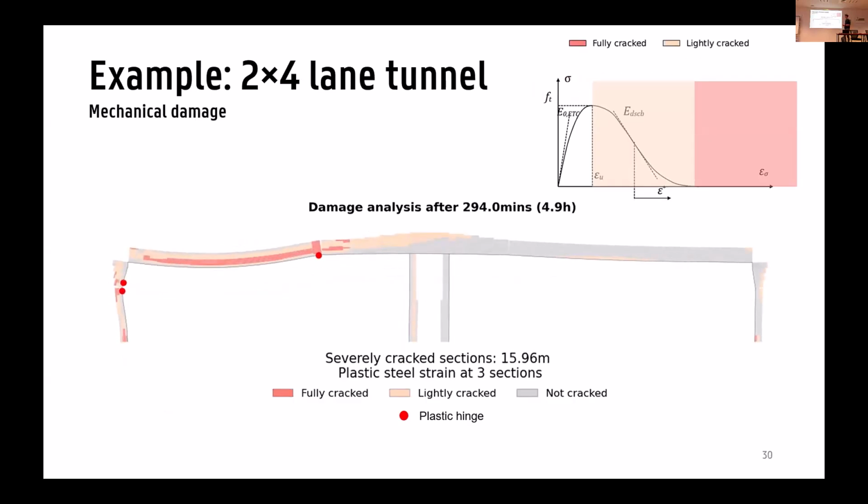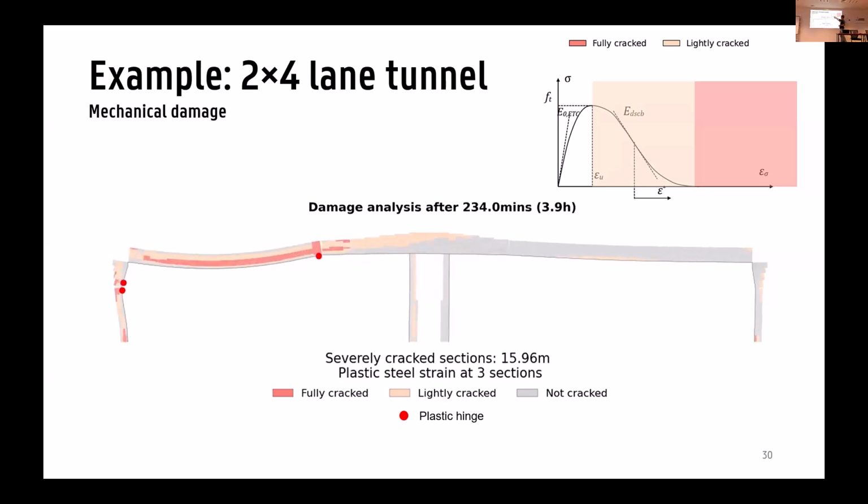So basically, we have three colors. The gray color is basically concrete that is not cracked. So the concrete in that area has not reached any stress which was higher than the ultimate tensile stress of the concrete. And then we have the salmon color, the light orange, which is basically where we are in the descending branch of the tensile model for concrete in SAFIR.